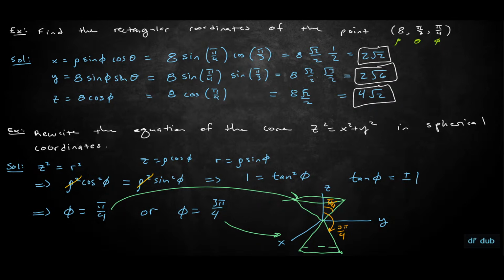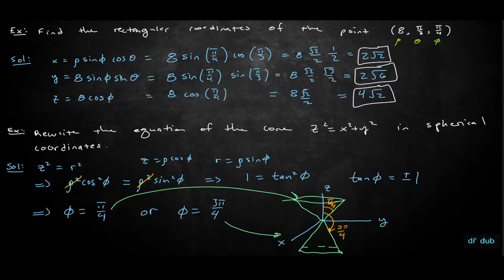So specifying those two angles then gives us the complete picture of the cone. This is the cone at 45 degrees, z squared equals x squared plus y squared, or you could just say z equals r, or z squared equals r squared, I should say, to get the top and the bottom half.